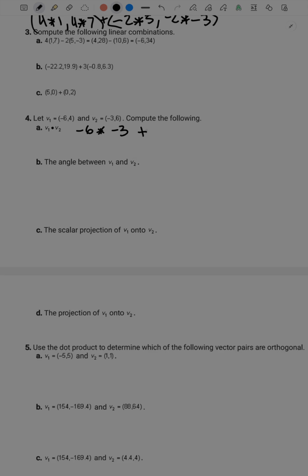And then we're going to add 4 times 6. And this here is going to be 18 plus 24, which is equal to 42. And when you do the dot product, you should end up getting a nice normal number. It should not be a vector. Okay, and the dot product is also equal to, this is called the law of cosines, I believe.